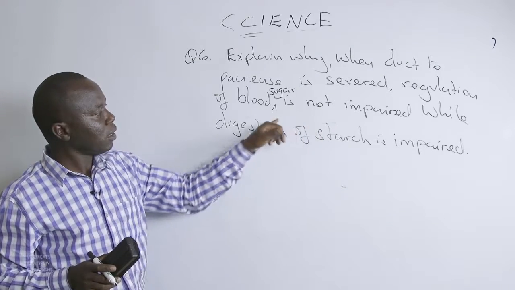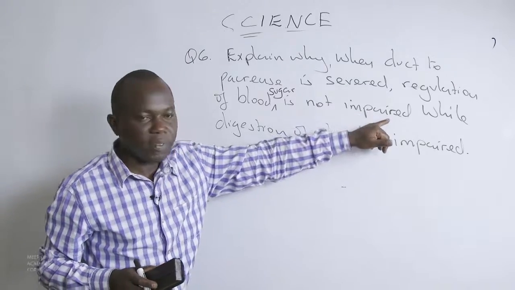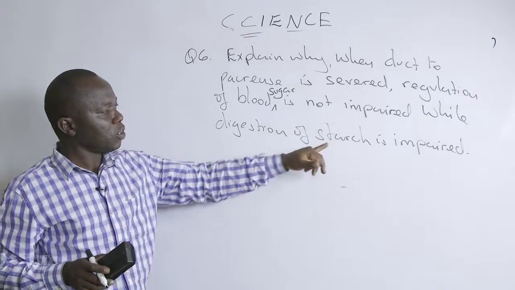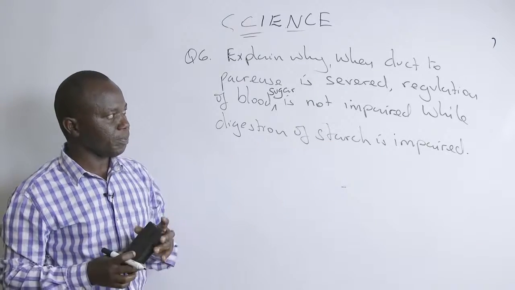In other words, regulation of blood sugar will not be interfered with, while digestion of starch is going to be interfered with. What could be the reason?